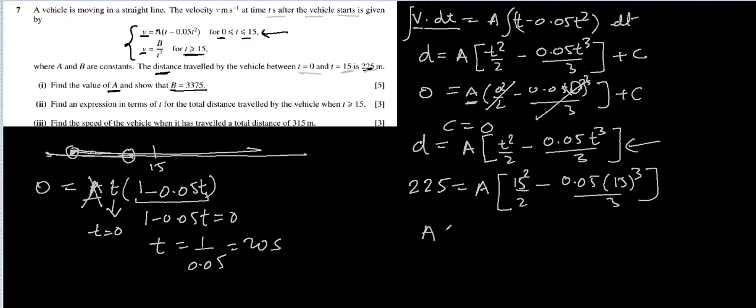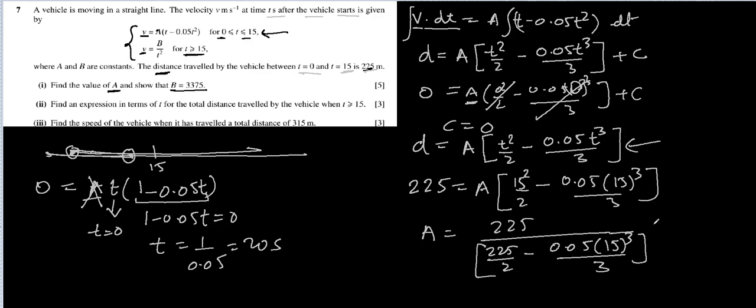So A will be 225 divided by 15 square over 2 minus 0.05 times 15 cube over 3. Let's put this whole thing in our calculator and we get A equal to 4. 4 is the value of A.